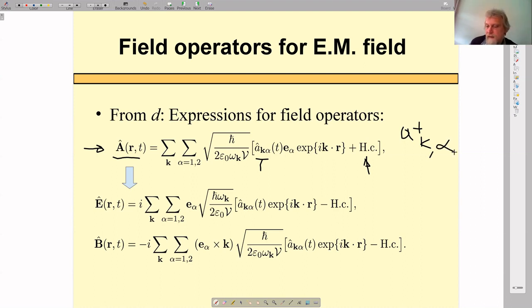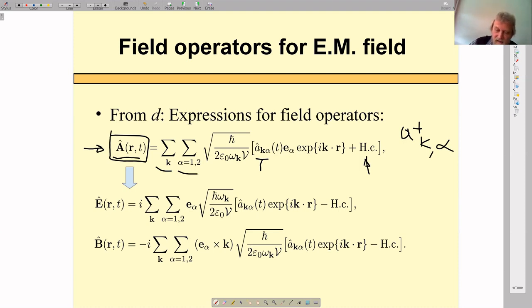Good. So what do we have here? We have here the vector potential, and it's a sum of all possible modes, oscillator modes, and their polarizations.